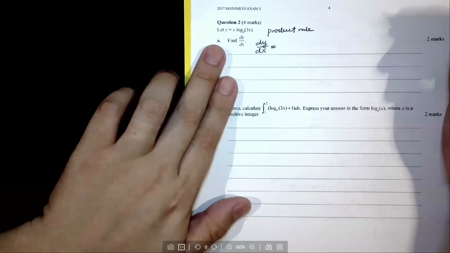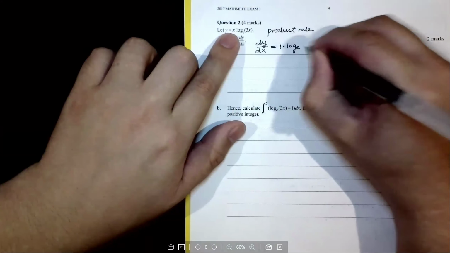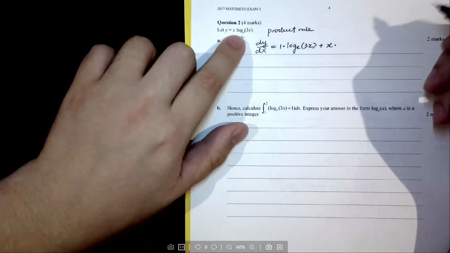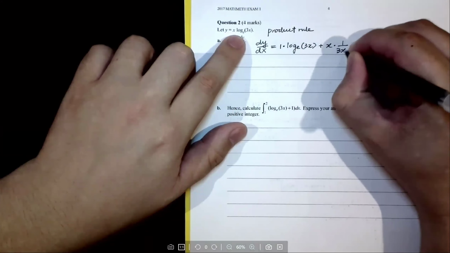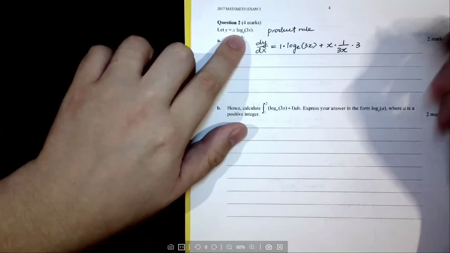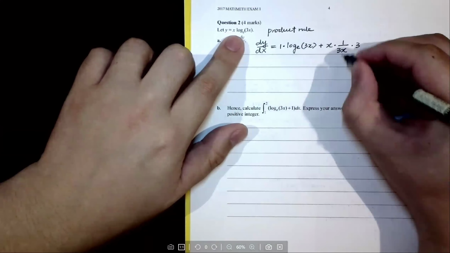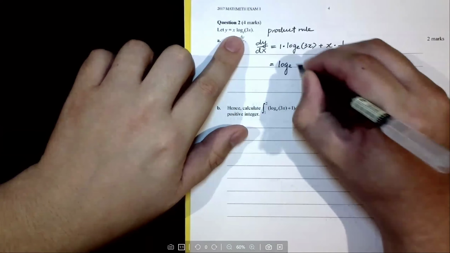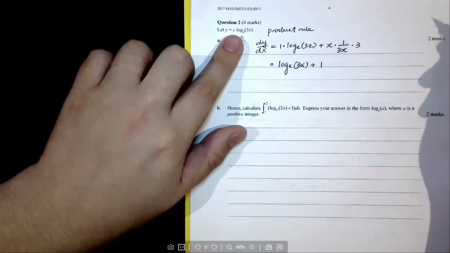It equals derivative of x is 1 times log e of 3x plus x times, well, when you differentiate log e 3x, you are going to get 1 over 3x times 3. So it is important not to miss the multiply by 3 here, okay? And then the 3 and 1 are just canceled. So you actually get log e of 3x plus 1, okay?